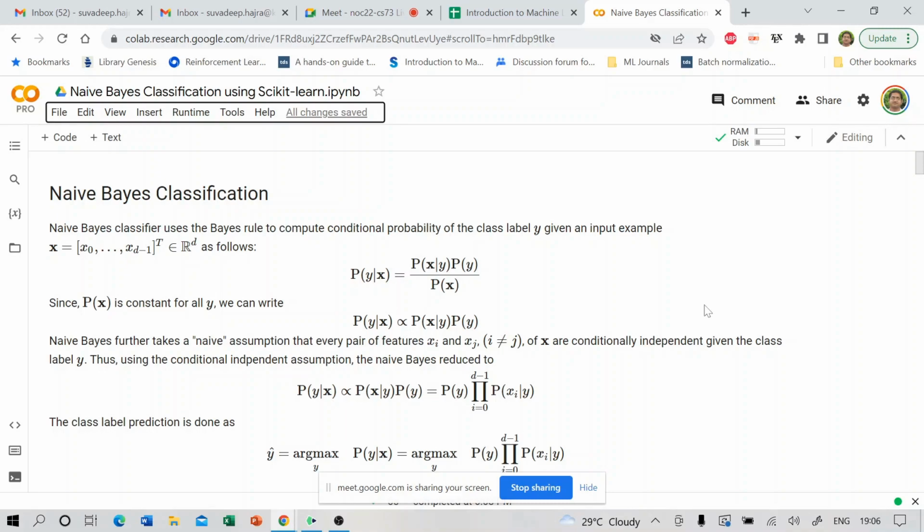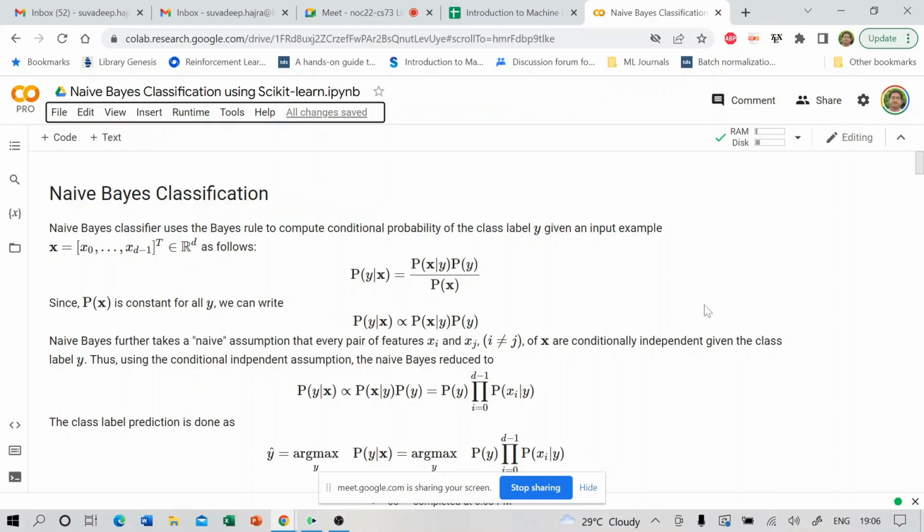We want this probability of y given x, but we do not directly model it. Rather, we take some form of probability distribution of x given y.